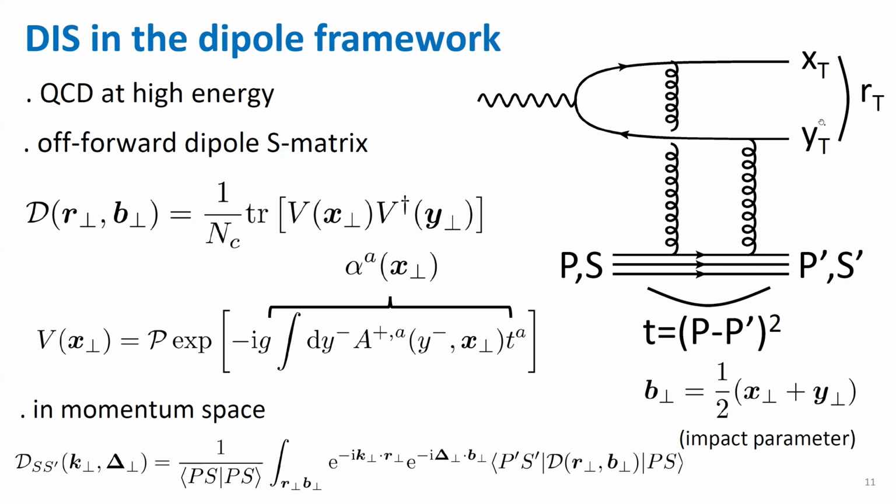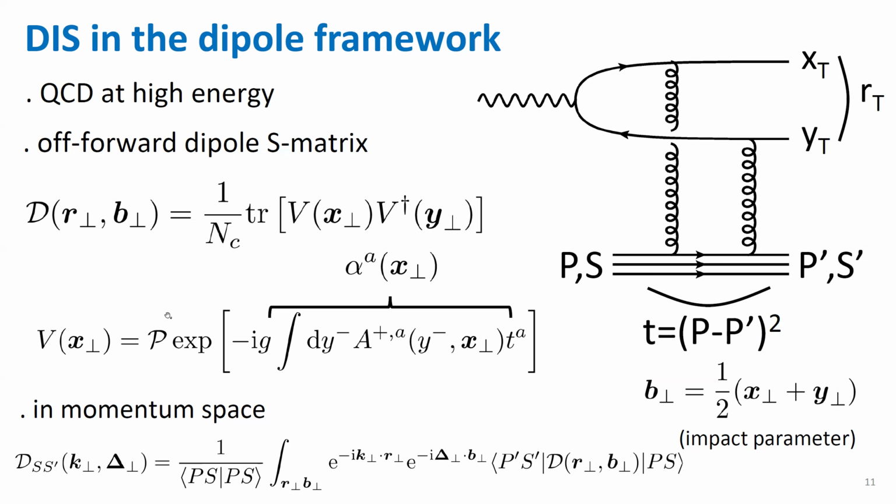We can describe it in terms of the dipole size, this is the r variable, and in terms of the impact parameter, that would be the conjugate to the momentum transfer between the initial and the final state proton.